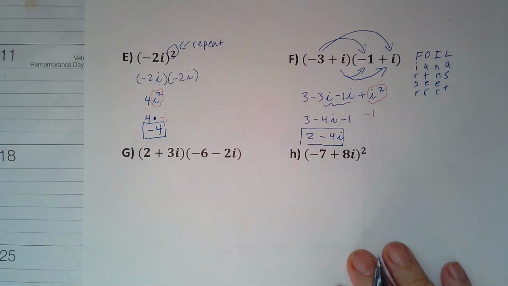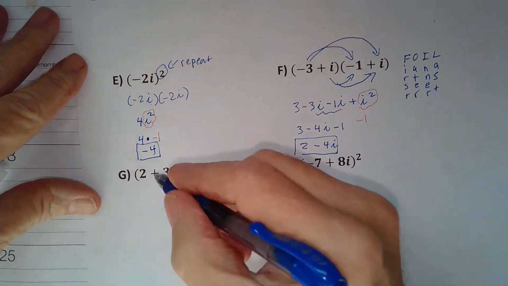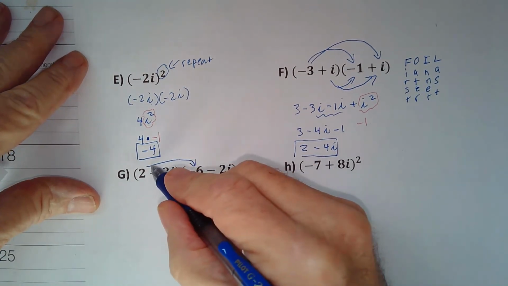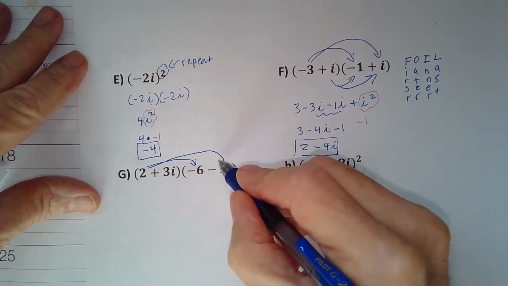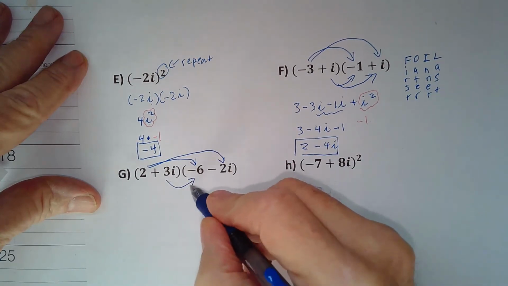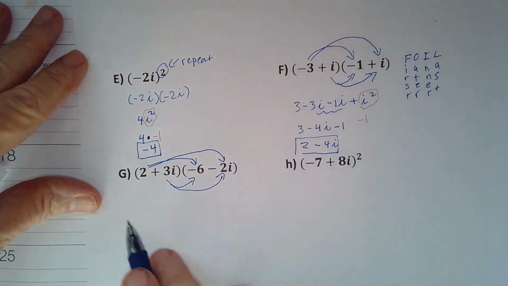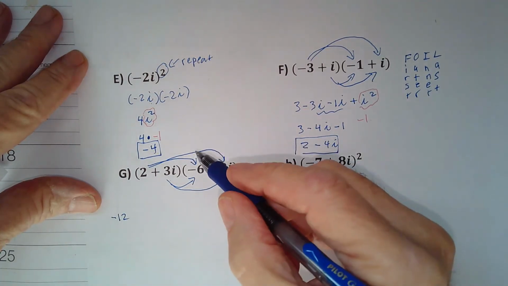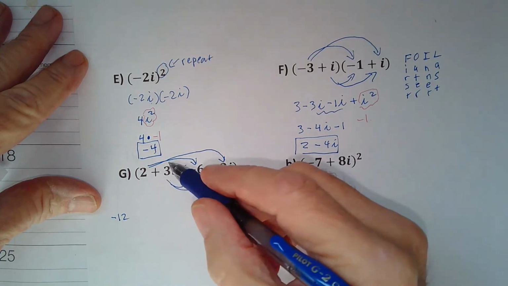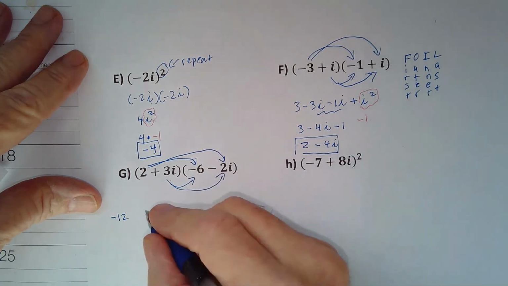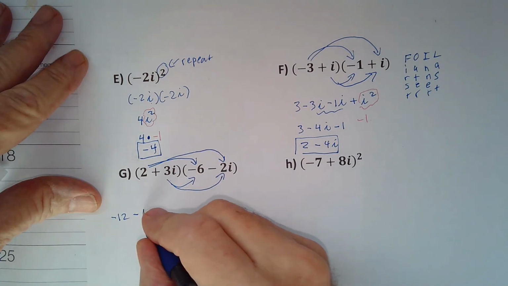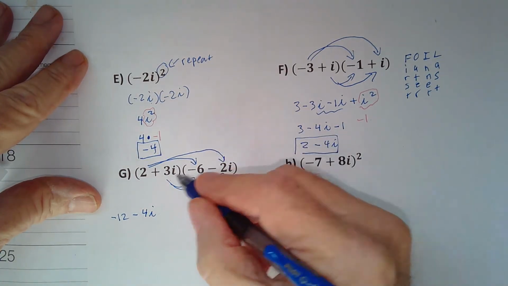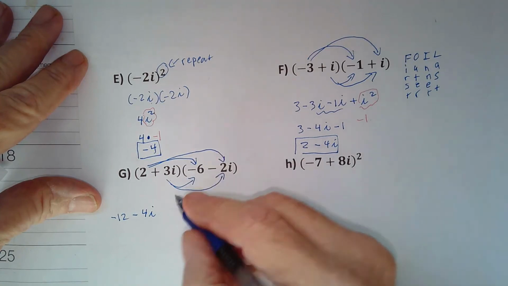All right. G, we've got to FOIL this as well. First to the first, outer to the outer, inner to the inner, last to the last. So 2 times negative 6 is negative 12. 2 times negative 2i is positive times a negative, 4i, right? 3i times negative 6, that's positive times a negative, that's negative 18i.